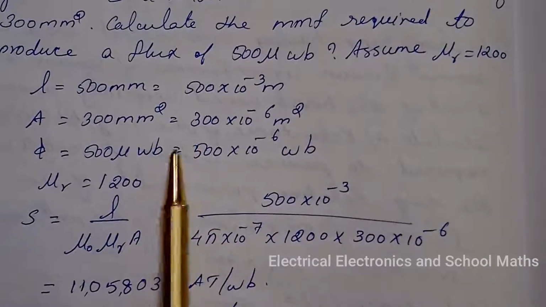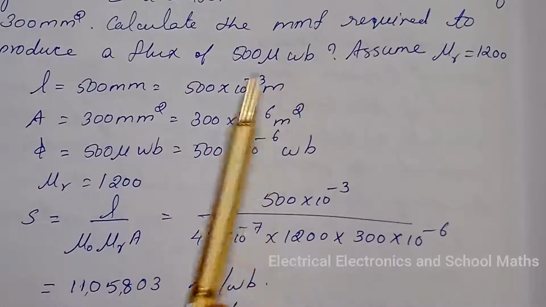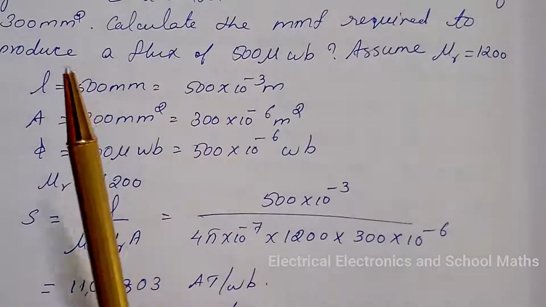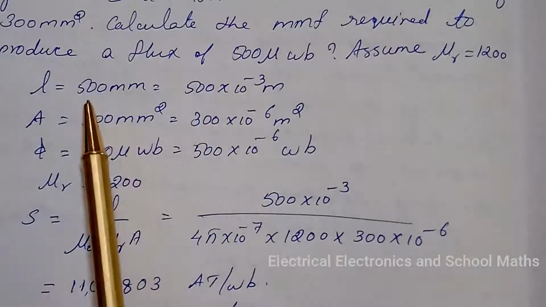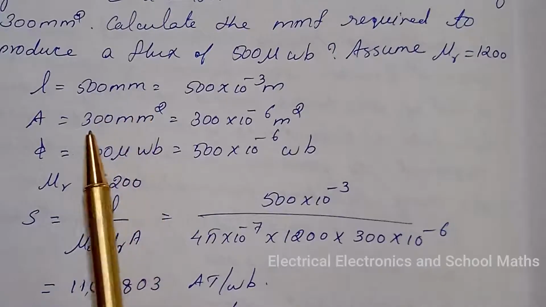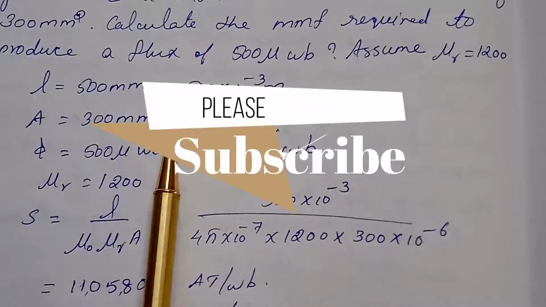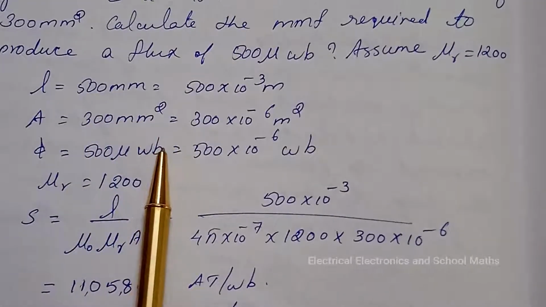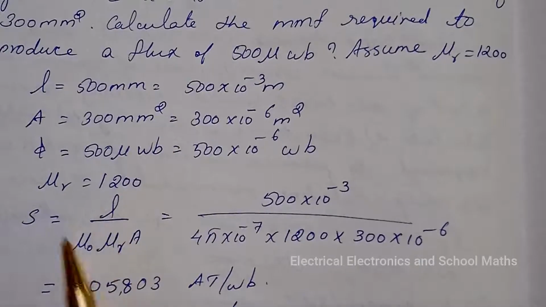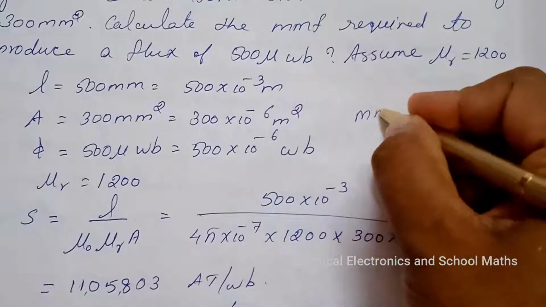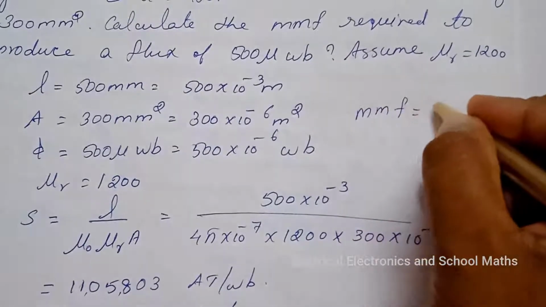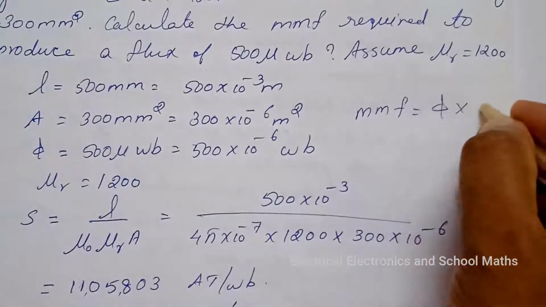The question is to find the mmf required. We know mmf is N into I, but here the number of turns is not given and also current is not given. We know another equation relating mmf, that is mmf is equal to flux into reluctance.